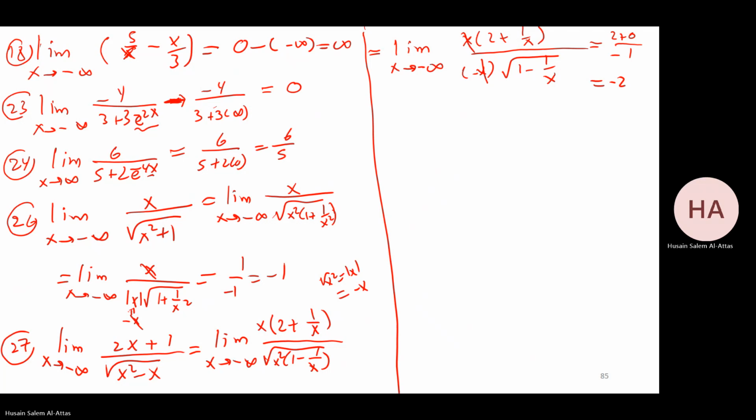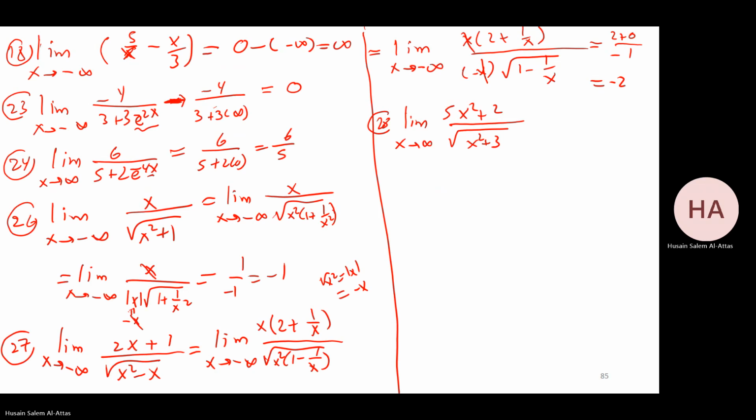Now we'll do the next one. 28. Same idea, but this is a suggested problem. We'll do the same thing. Limit x goes to infinity. Take x squared, 5 plus 2 over x squared, over square root of x squared times 1 plus 3 over x squared.